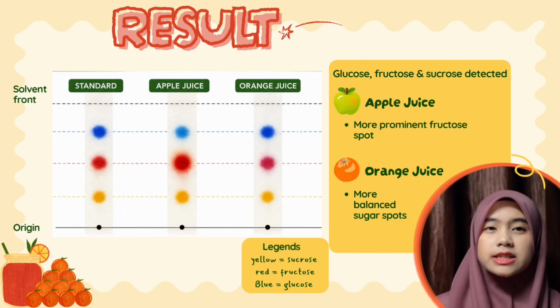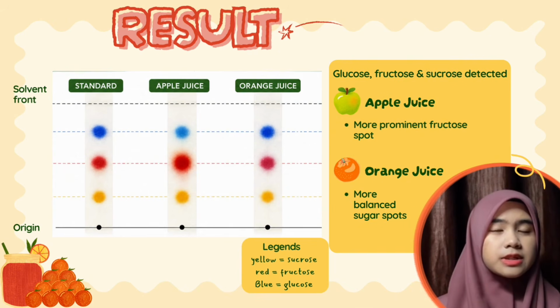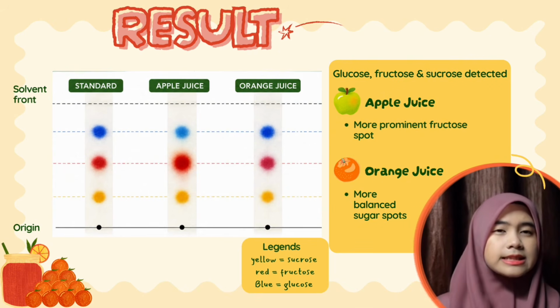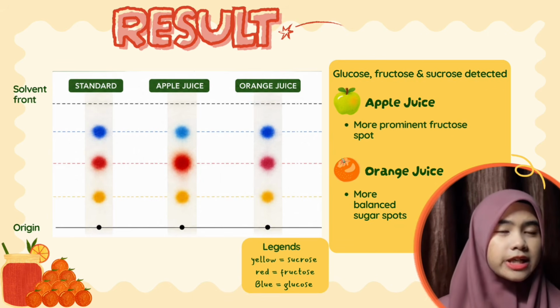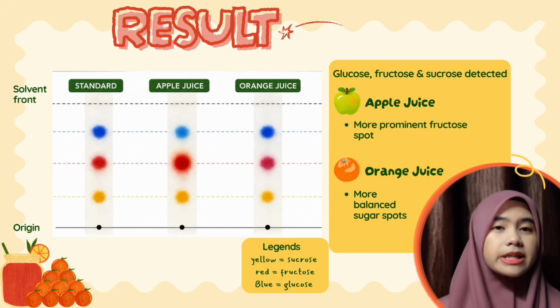To identify these sugars, the positions of the spots are compared with standard sugar samples containing glucose, fructose, and sucrose. Since each sugar has its own characteristic RF value, we can identify the sugars by matching the sample spots with the standards.